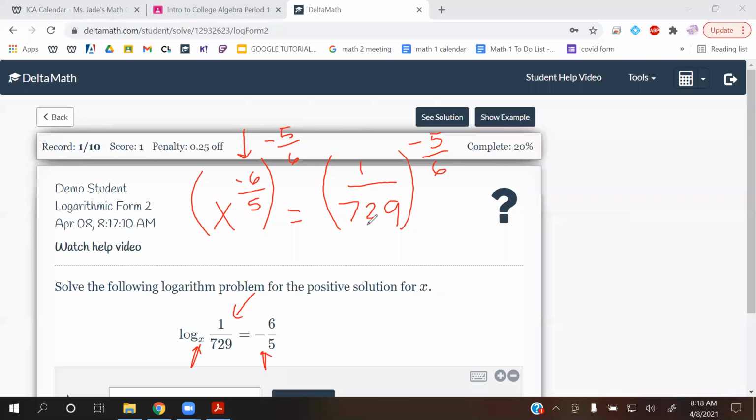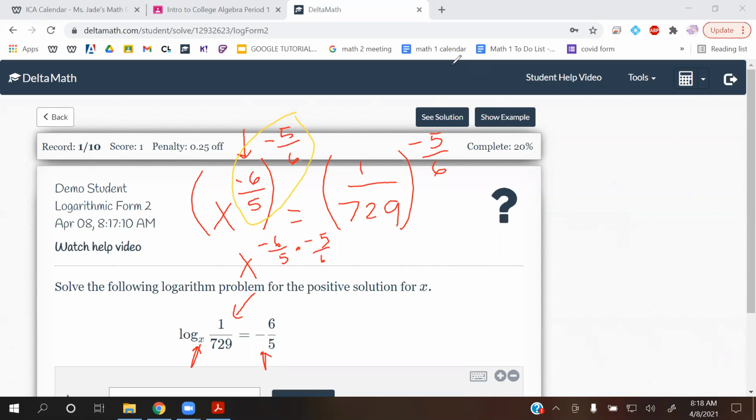So here's why. When you have two exponents like this, where one is raised to the power of the other, you're just going to multiply these, right? So technically, it should be x to the power of -6/5 multiplied by -5/6. I'm just going to show the work here.